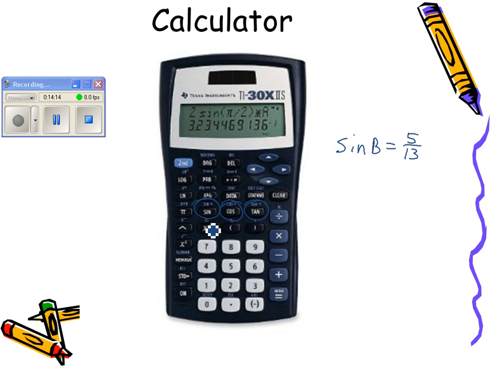What we can do is you just take your calculator and you hit these buttons. You hit the second button, and you do this every time if you're looking for an angle. Hit the second button, hit whichever trig ratio you're dealing with. This time we're hitting the sine because we're using the sine here.